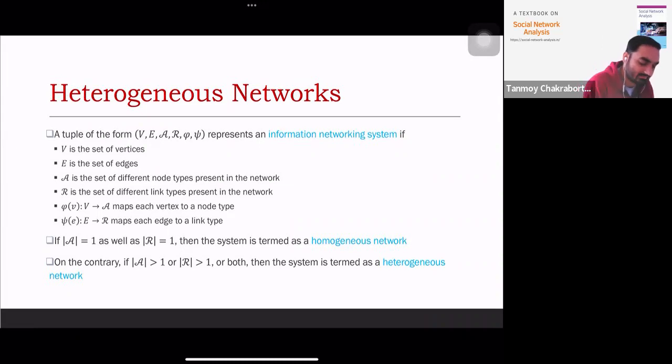Okay, let's take an example. Let's assume that you have a citation network where nodes can be of different types. Say nodes are papers, right? Paper 1, paper 2, and other type of node is author. Author 1, A1, A2. So if paper 1 is written by author 1, there's a connection. If paper 2 is written by A2, there's a connection, right?